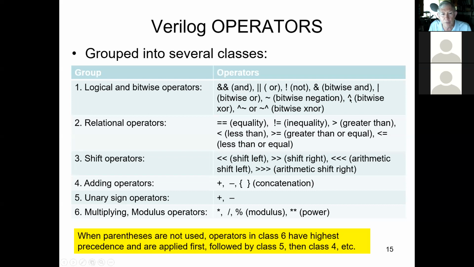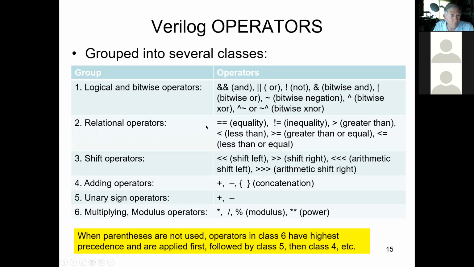Notice here we have bitwise exclusive OR, bitwise exclusive NOR, and you can write this either way. You can write caret tilde or tilde caret. But there is no logical exclusive OR, which actually should make sense, right? Because it doesn't really make sense.